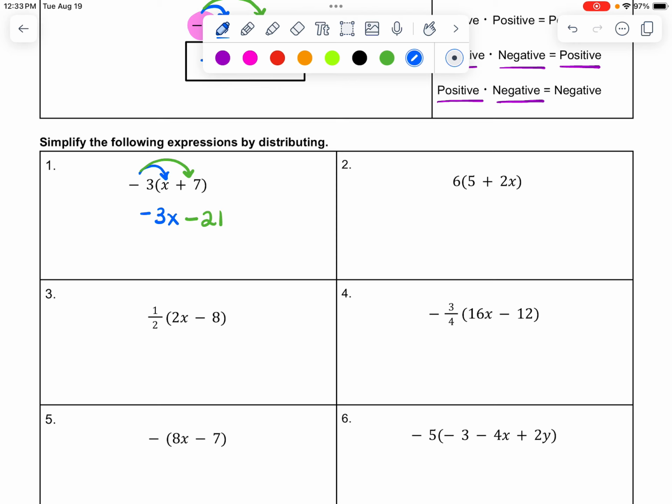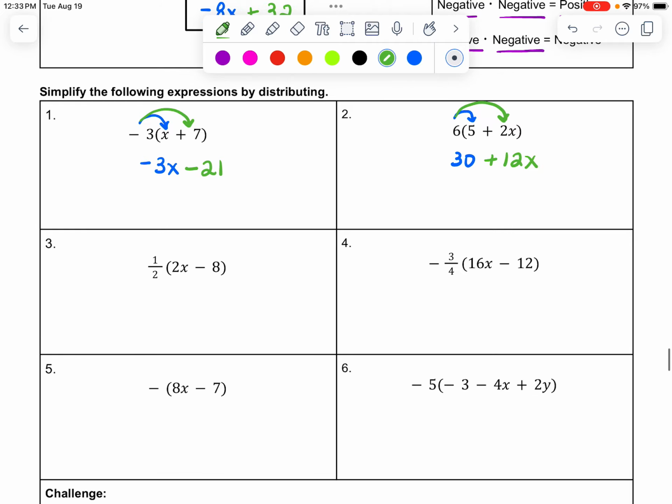Problem number 2, 6 multiplied by 5 is 30. 6 multiplied by 2x is positive 12x. Problem number 3, 1/2 multiplied by 2x is just 1x, and 1/2 multiplied by -8 is -4.